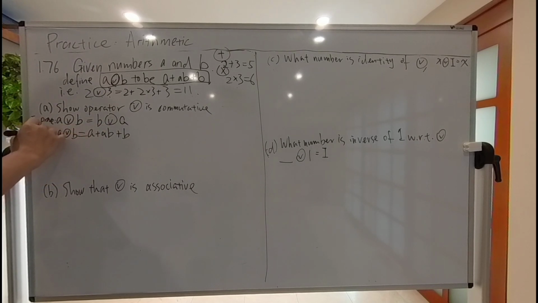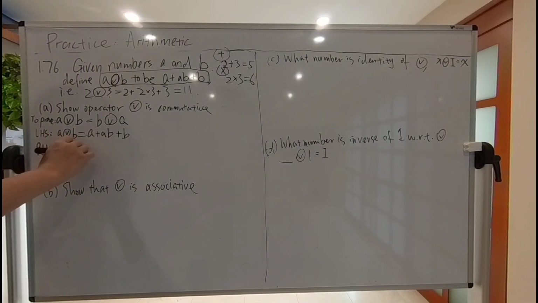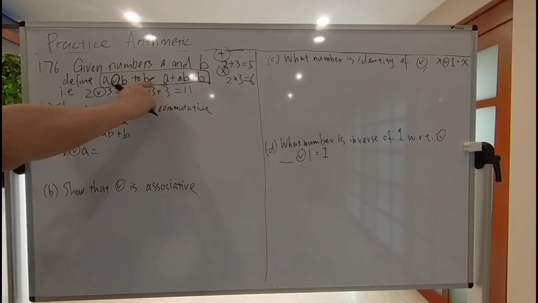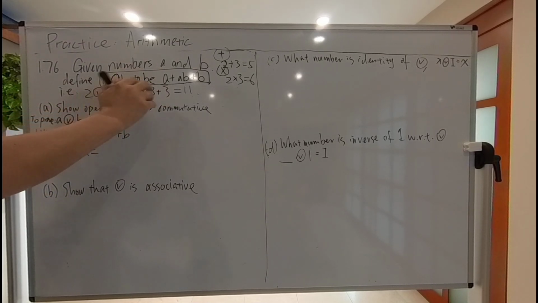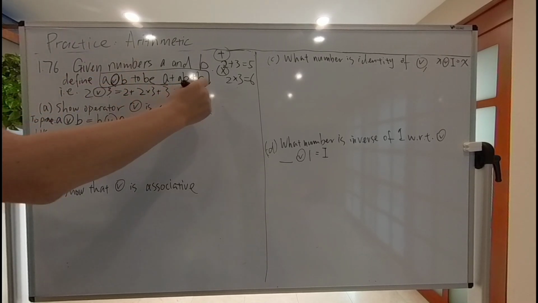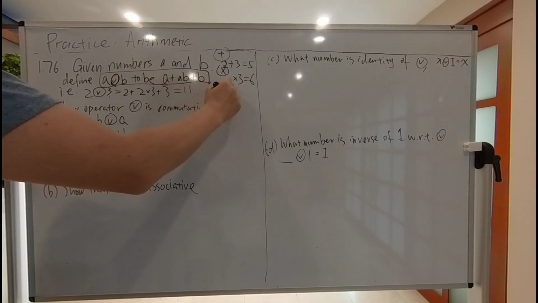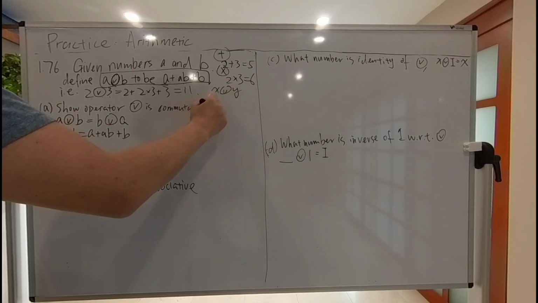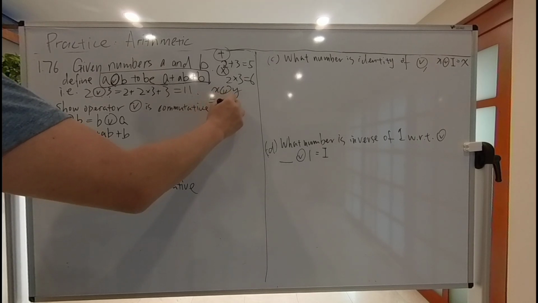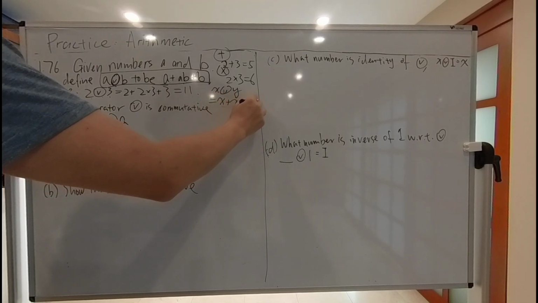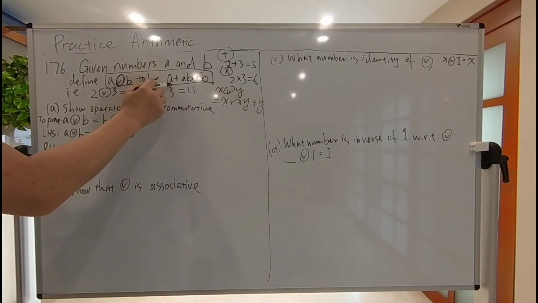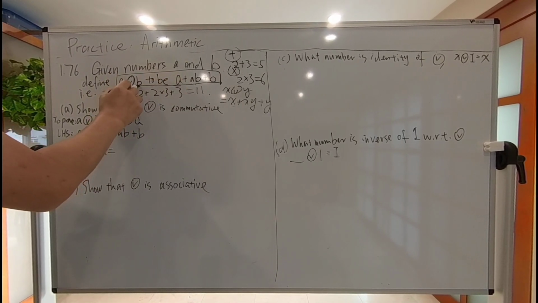The left-hand side needs no further simplification. Let's see the right-hand side, which is B operating A. Here this might be confusing because A and B are just notations. You can either write it as A and B, or replace them with X and Y. This just tells you the location of each number.